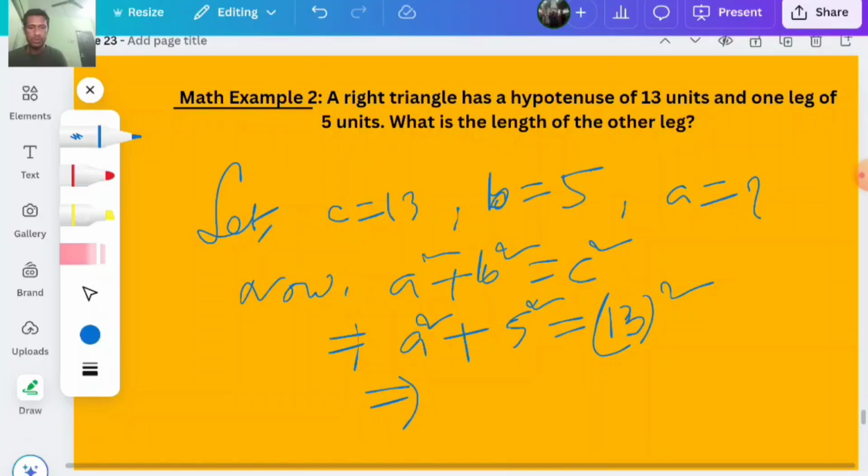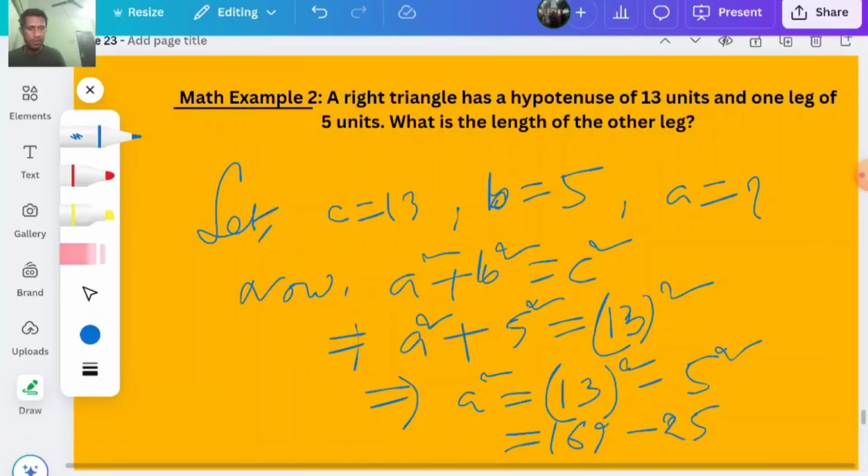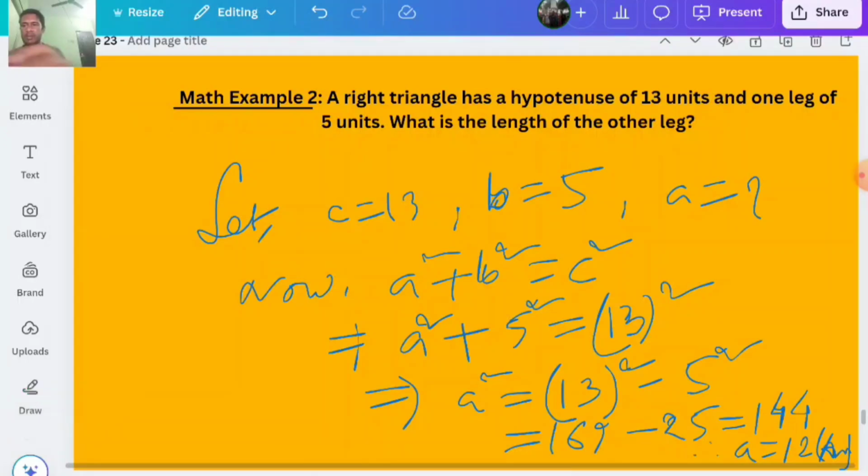Okay, so A square equals 13 square minus 5 square, equals 169 minus 25, equals 144. So A equals 12. This is the answer. We are going to do another problem.